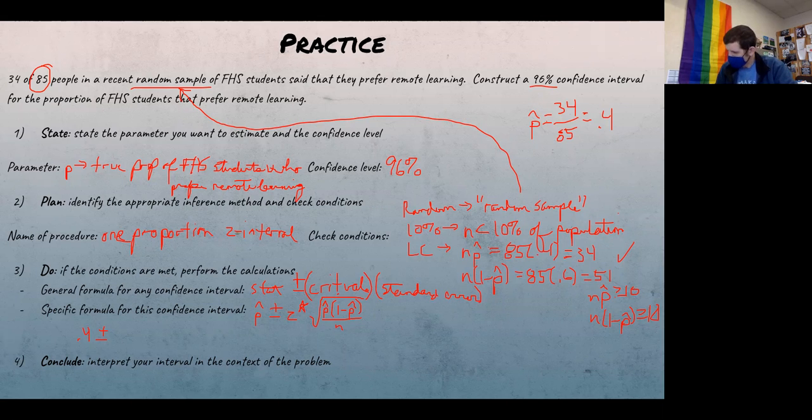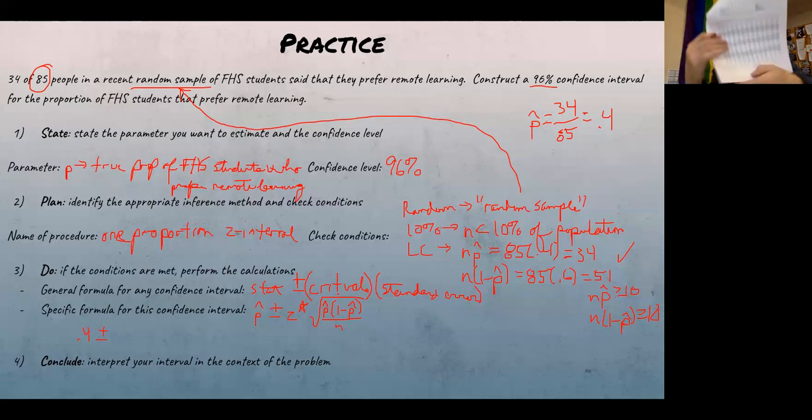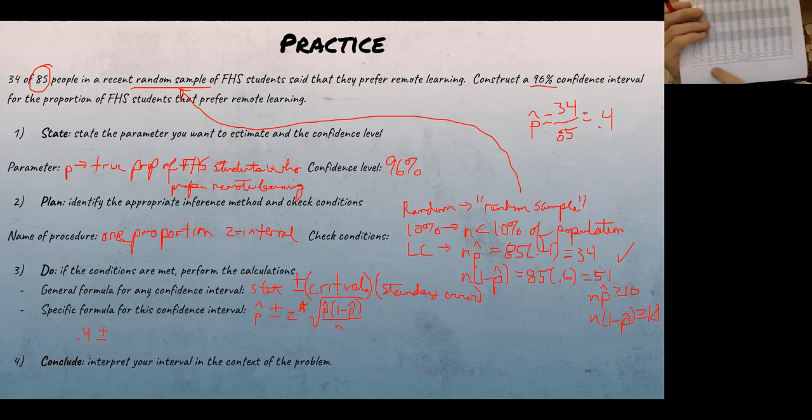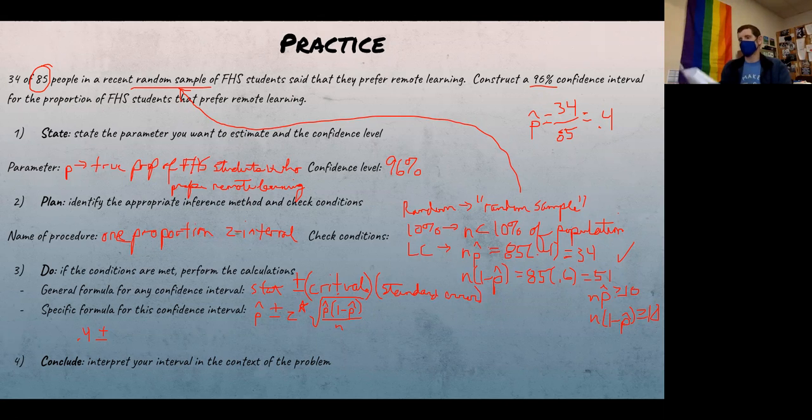And what is that going to be? 2.054. I'm going to put this up on the dot cam, but I'm literally just moving over. I can't see where it is, but 96 is somewhere in this range. And as soon as I find 96, I'm just going to move up and see what that bottom row says. So 2.054. Thank you for that, Kevin.